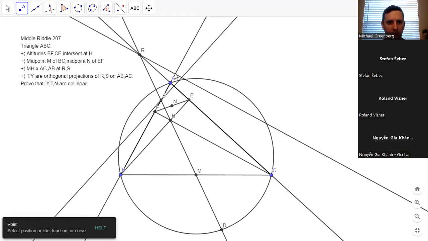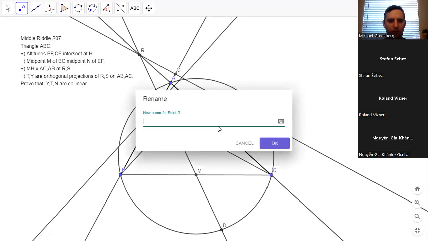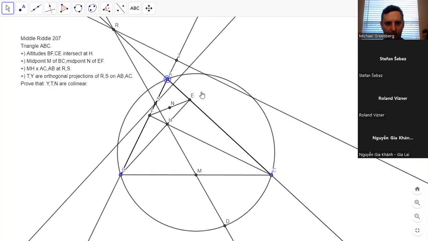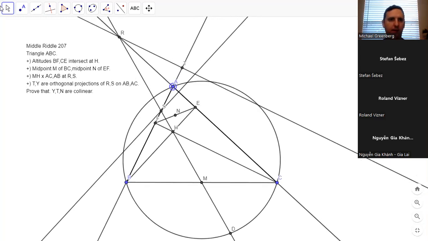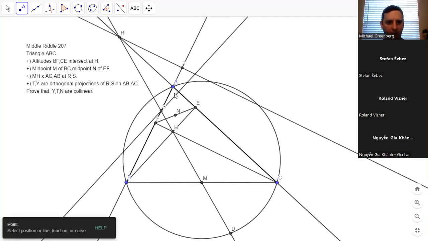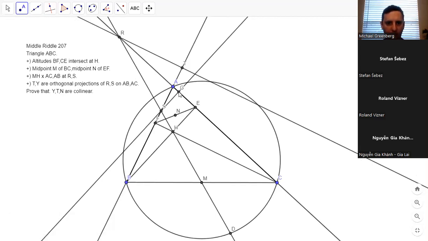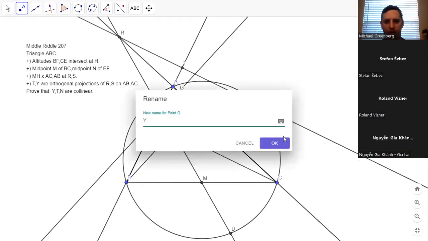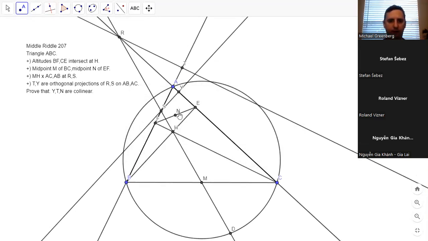And this should be T. And this point, look a little nicer, this point should be Y. All right. And we want to show Y, T, and N are collinear. I wonder if they're collinear with H also. Looks like it might be.